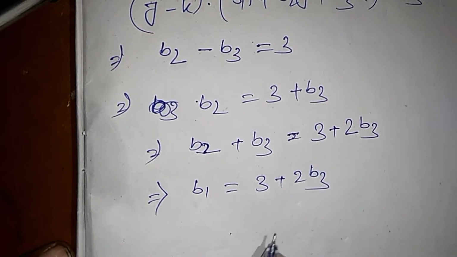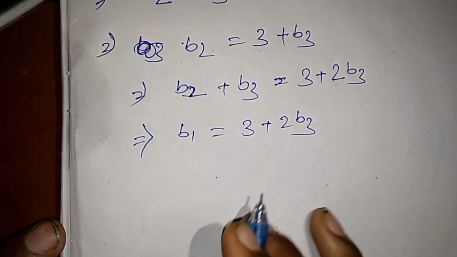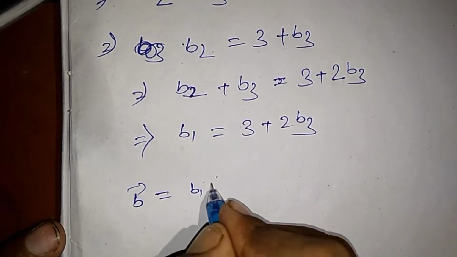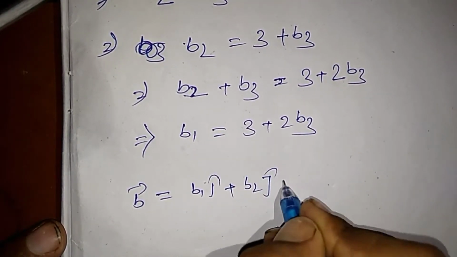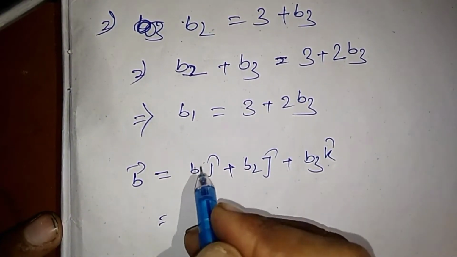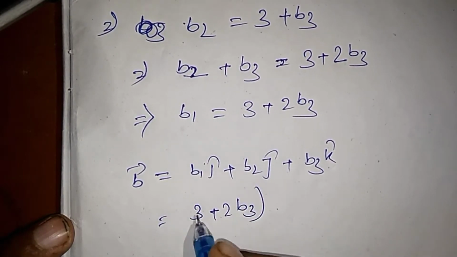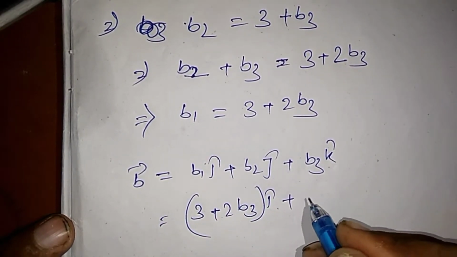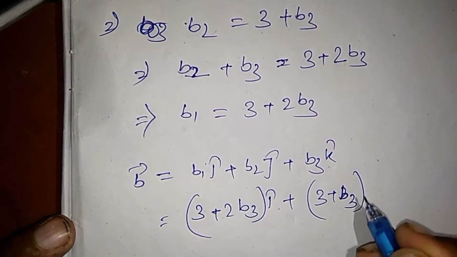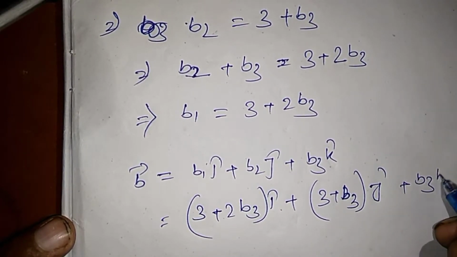Now I put the values of b1 and b2 in vector B equals b1 i cap plus b2 j cap plus b3 k cap. So (3 plus 2 b3) i cap plus (3 plus b3) j cap plus b3 k cap.